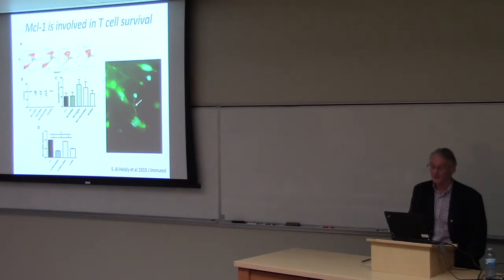And we found that BCL2 alone being knocked down did absolutely nothing to the rate of apoptosis of the T cells, but knocking down MCL1 increased the T cell apoptosis. So it seems that this particular factor is transferred from muscle and is accounting for how the T cells survive better in the presence of the smooth muscle cell.